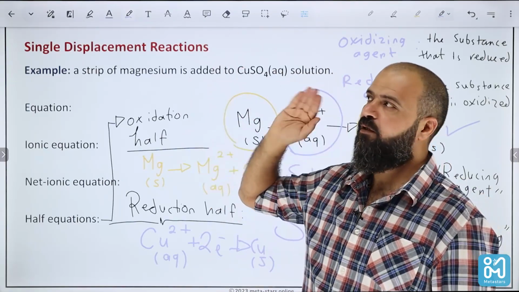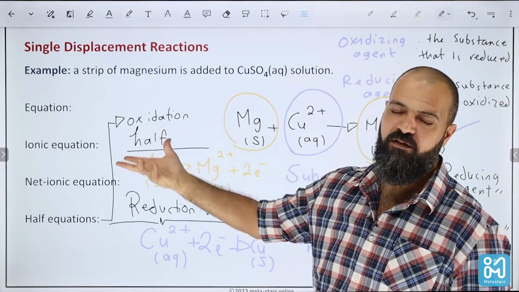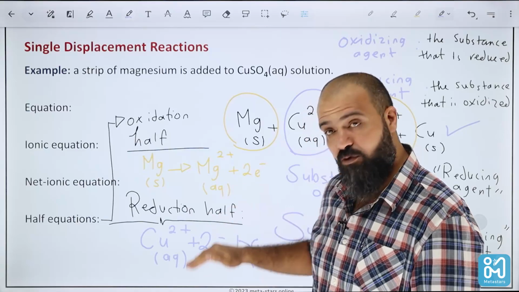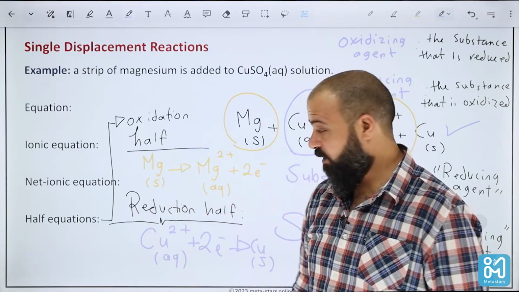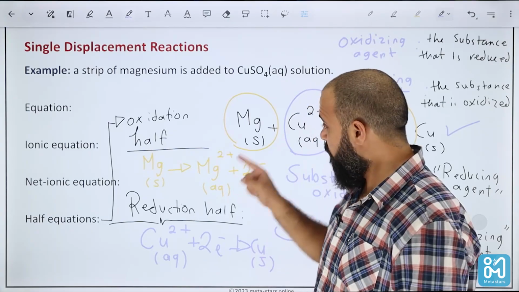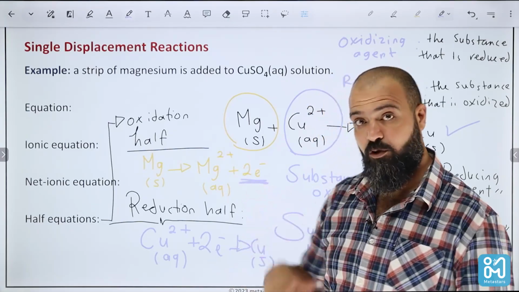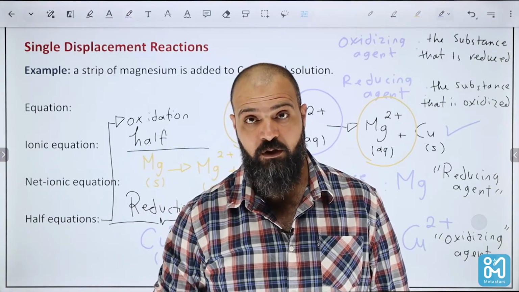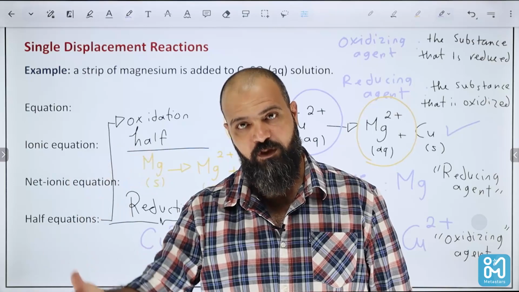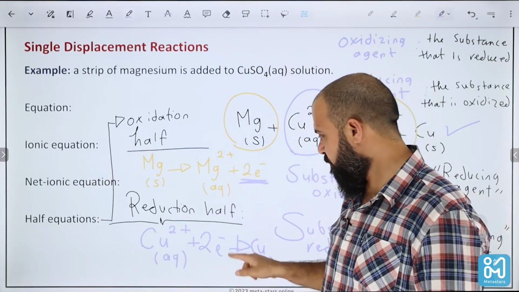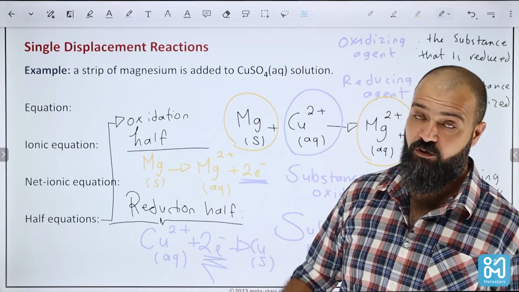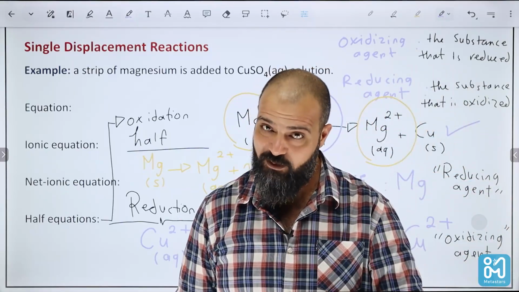We will talk later about more complicated redox equations and how to balance them, but here, because this is the introduction to redox reactions, be careful when writing half equations that the number of electrons lost by the substance oxidized should be the same as the number of electrons gained by the substance reduced, in the reduction half. In this case, fortunately, we have 2 electrons. Otherwise, we have to balance.